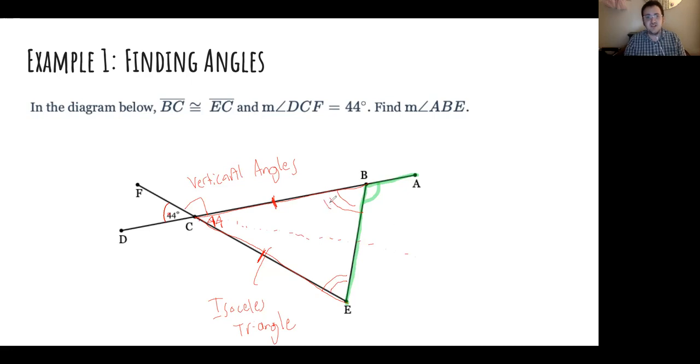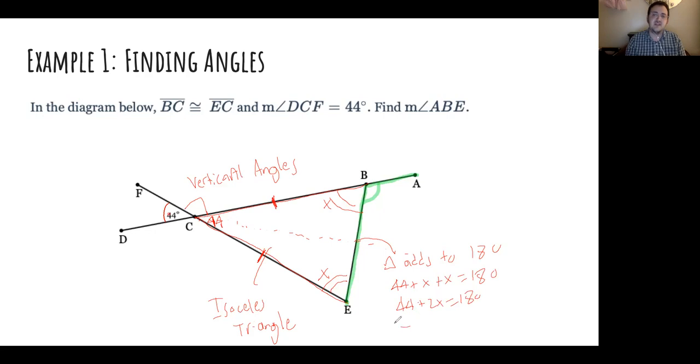And maybe I'll call this angle X and this angle X. So I could say that the triangle adds to 180. So I could say that 44 plus X equals 180. So 44 plus 2X equals 180.